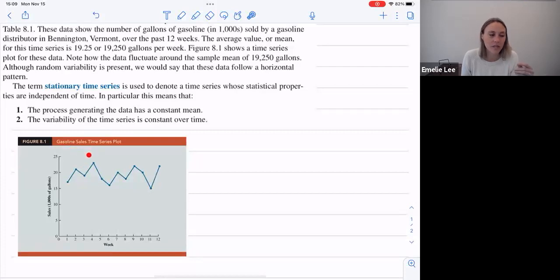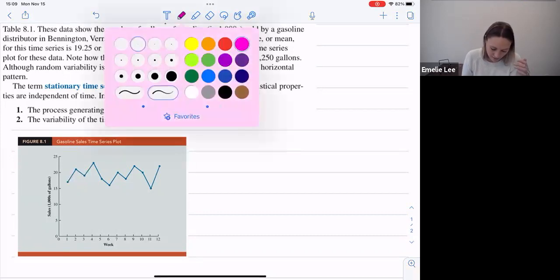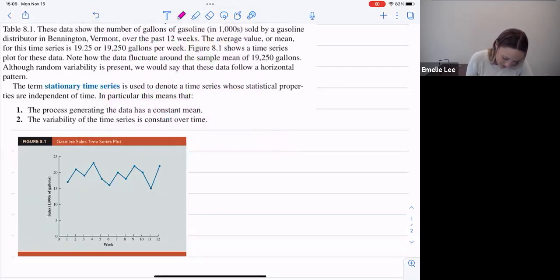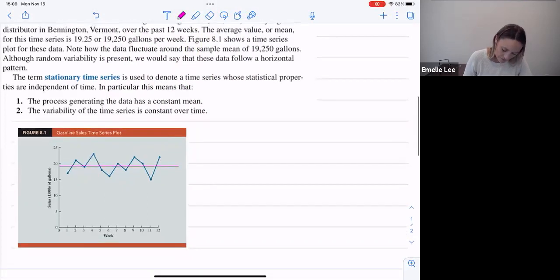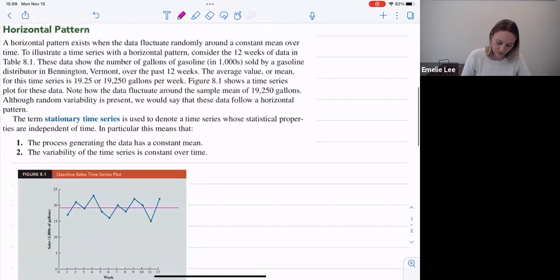But overall, these points are just hovering around some straight line. So we've got this horizontal pattern, but really they're fluctuating around some constant mean over time.